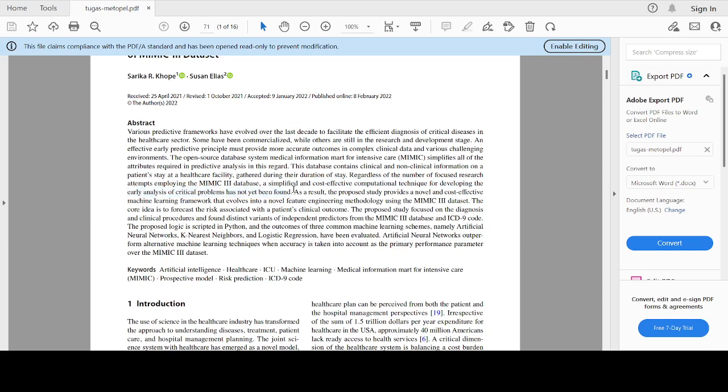Okay, so this is the background setting, basically the urgency of why the researchers do this research.